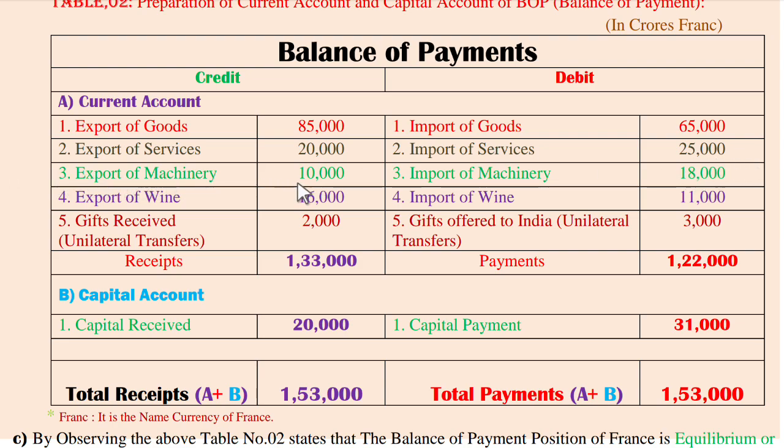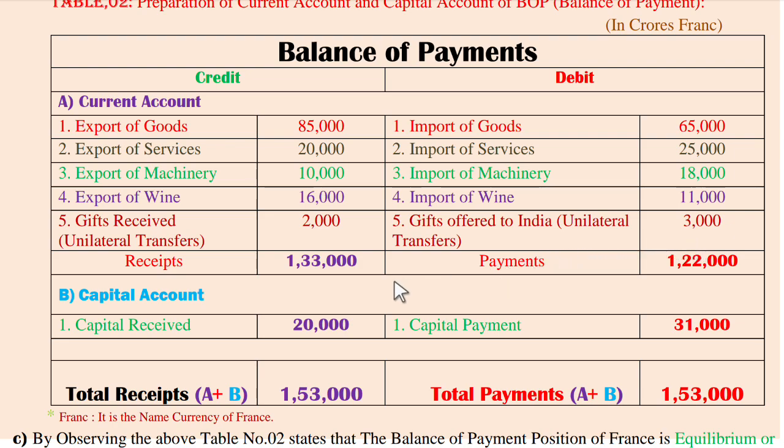Export of machinery 10,000 crore francs. Import of machinery 18,000 crore francs. Export of wine 16,000 crore francs. Import of wine 11,000 crore francs. Gifts received, meaning unilateral transfers, 2,000 crore francs. Gifts offered to India, unilateral transfers, 3,000 crore francs.